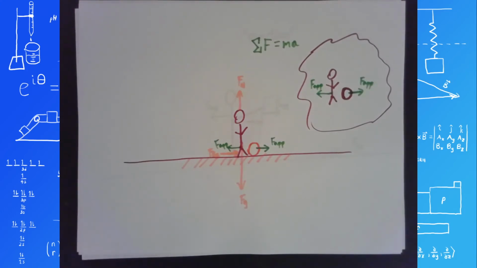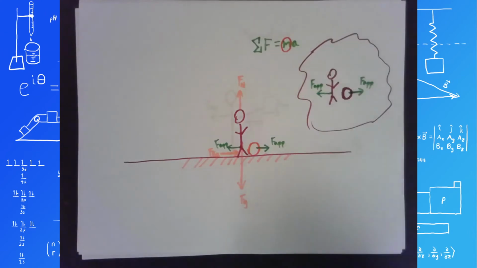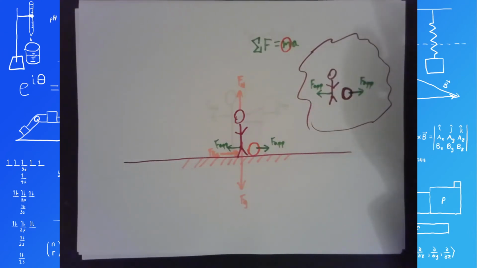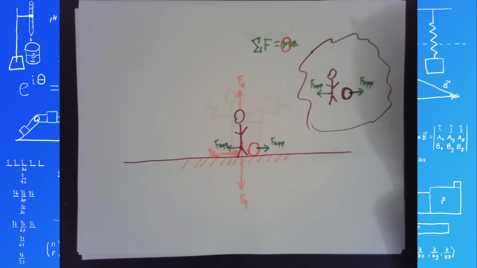And the reason is because of the mass. The person has more mass than the ball, so the person is going to end up with less acceleration. Even when they have the same magnitude of net force exerted on them, they're still not going to have accelerations of equal magnitude because their masses are not the same.